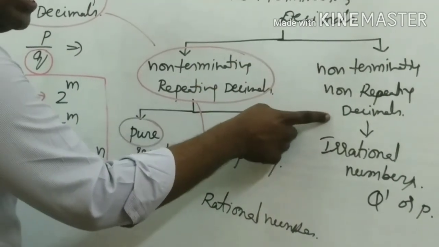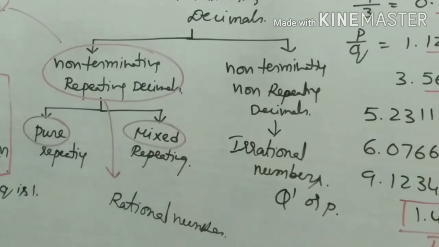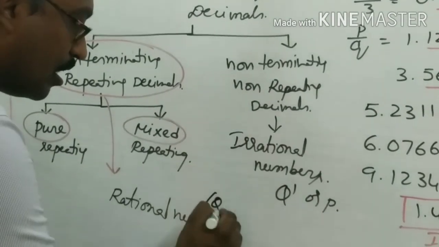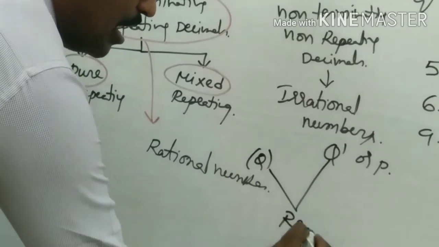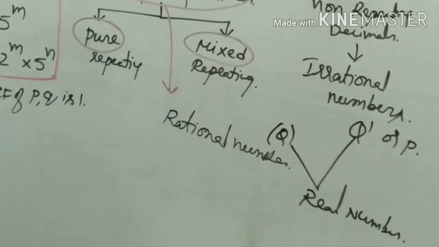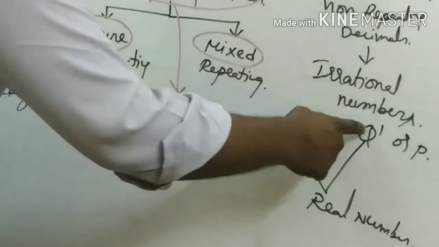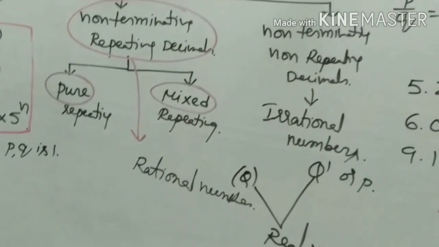Non-terminating, non-repeating decimals are called irrational numbers. Rational numbers are denoted by the letter Q. Rational numbers and irrational numbers together are called real numbers. Understand?